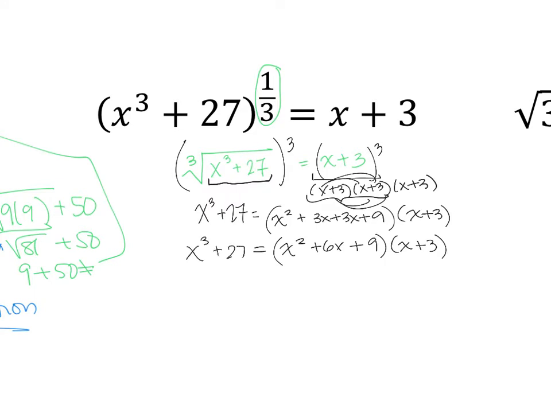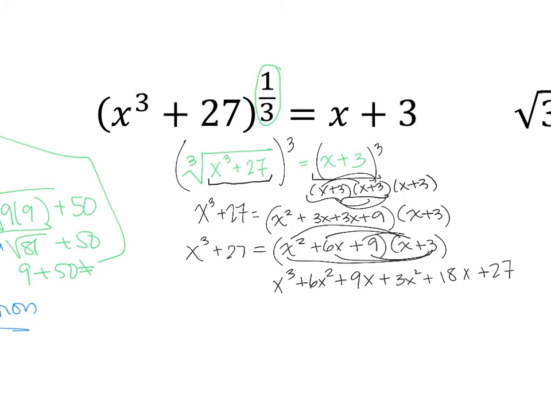And so if we distribute that, I'm going to just distribute this way instead. We're going to get x to the third plus 6x squared plus 9x. Then do the same thing with the 3. That's going to be plus, we'll get a 3x squared plus 18x plus 27.